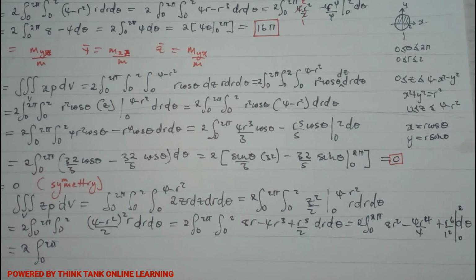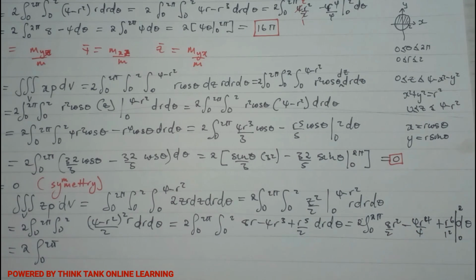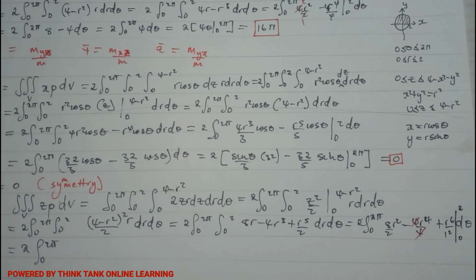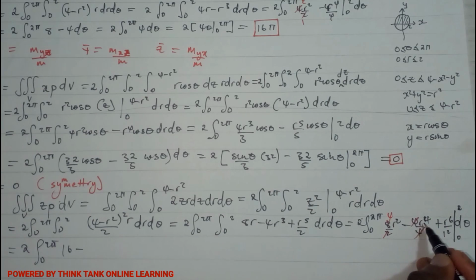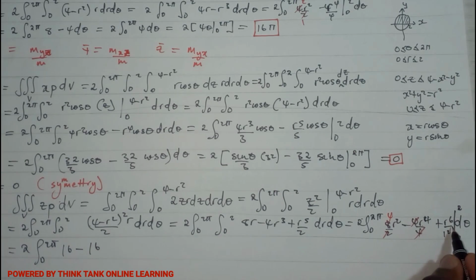Remember, when integrating with respect to r, we should have written divided by 2. So in this one we get 4 for r squared, times 4 gives 16, minus r to the power 4, we get negative 16. What about here?